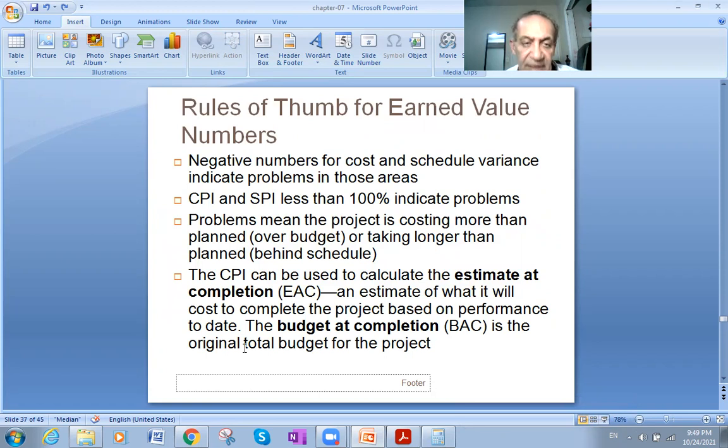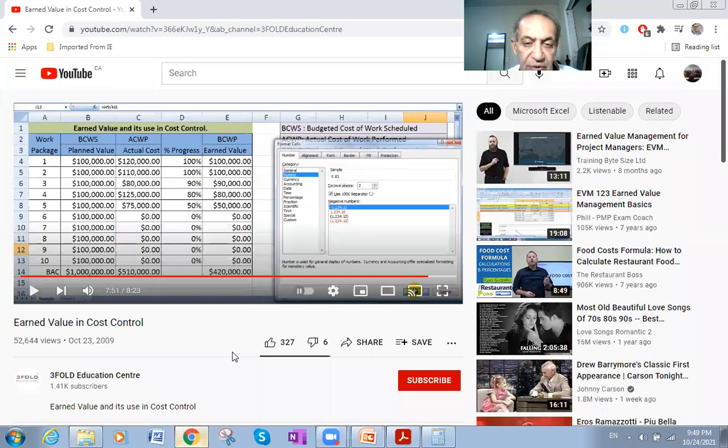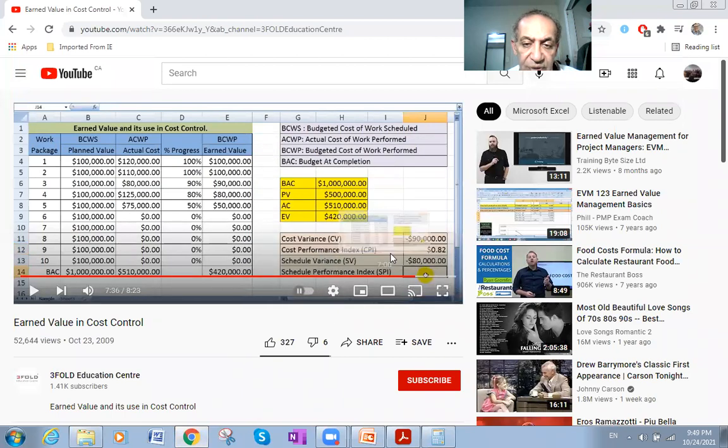Rules of thumb of earned value numbers. Negative numbers for cost and schedule variance indicate problems. Like when we talk about negative numbers, that means there are problems, and that's what we saw in the video, when he was talking about the negatives, minus 90,000, minus 80,000, this means negative performance.